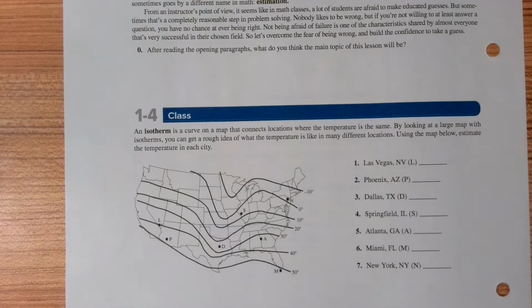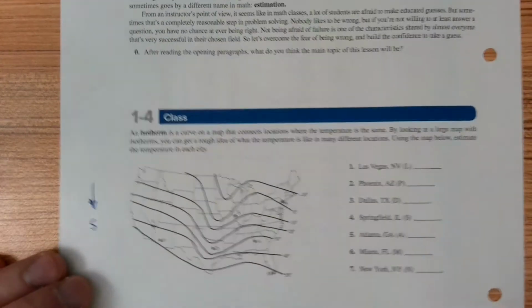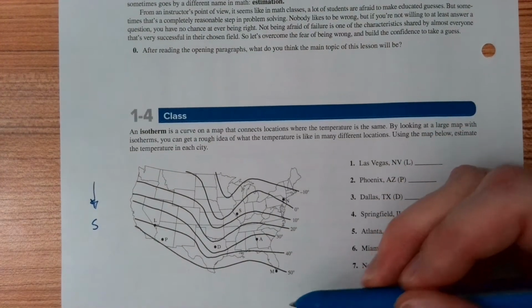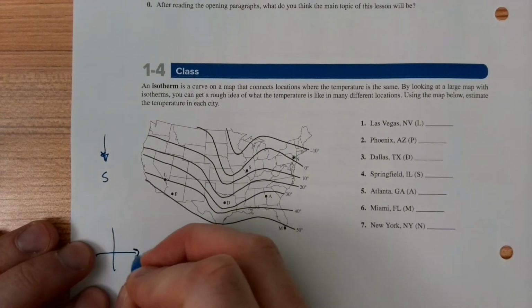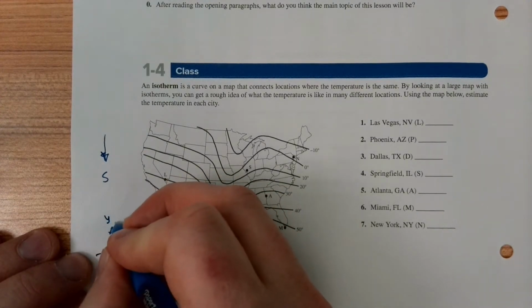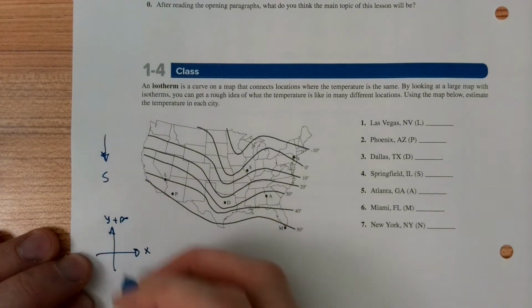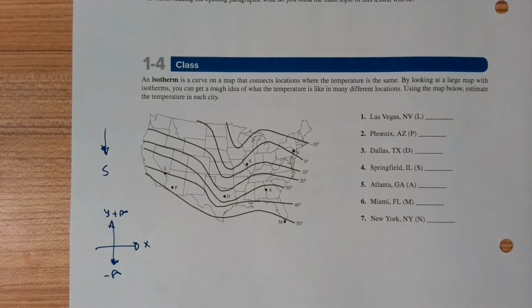As we move south on this graph, the temperatures go up, which is the opposite of a typical XY coordinate plane, where positive values head up toward positive infinity and going down heads toward negative infinity. This is, of course, flipped.